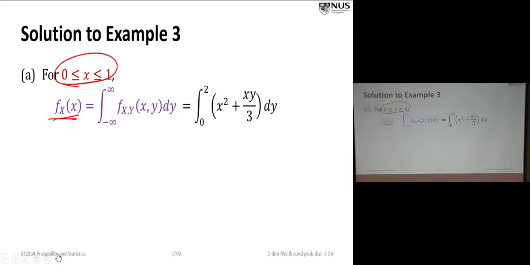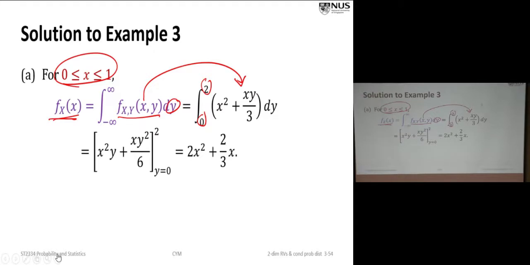Because only when x is between 0 and 1 is the joint PDF non-zero. So then we integrate y. The y is supposed to be from minus infinity to infinity, but the joint PDF is equal to 0 outside this range. This means that when y is between 0 and 2, the joint PDF is given by this expression. Then we continue to do the integration, and the answer turned out to be this one.